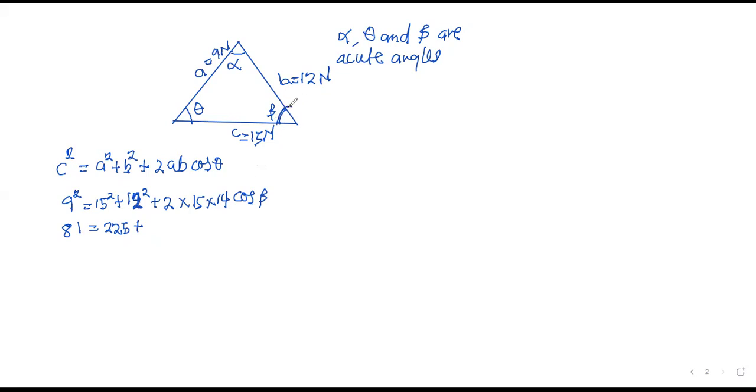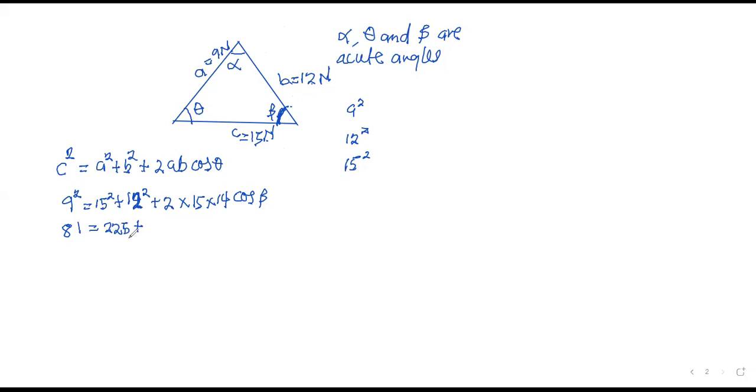Because I'm using 9, since we are looking for this angle between the 12 Newton and the 15 Newton, which is opposite to 9. If you are looking for this angle beta, you must use 9 squared. If you are looking for theta, it must be 12 squared. If you are looking for alpha, it must be 15 squared. Marilyn, are you okay? Yes, sir. Thank you, sir. So the angles go with the side you are actually considering.